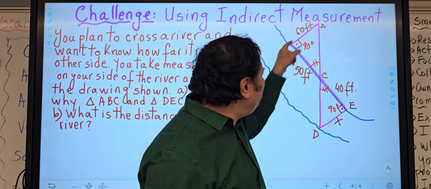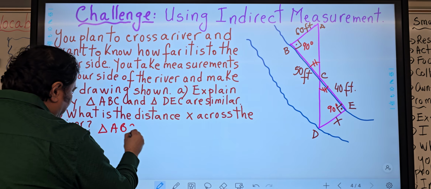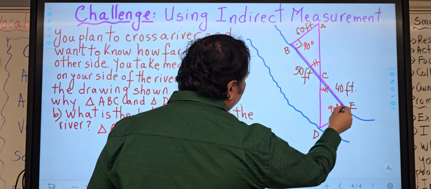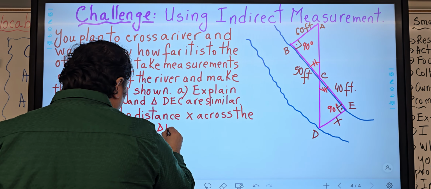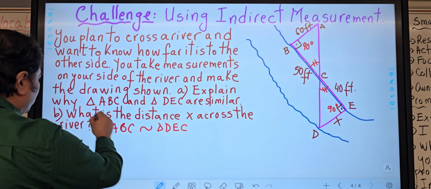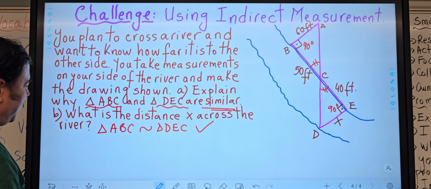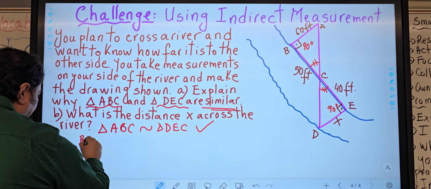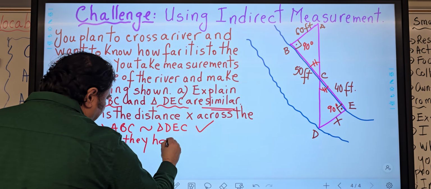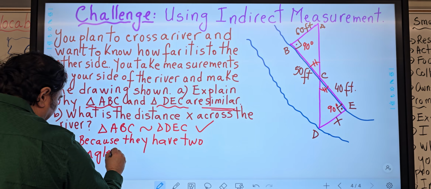Okay, so we can say triangle ABC is similar, that's the sign for similar, to triangle DEC. We just proved it because they have two angles the same.